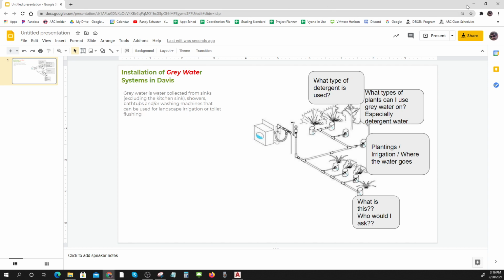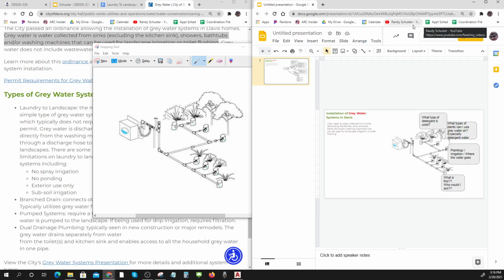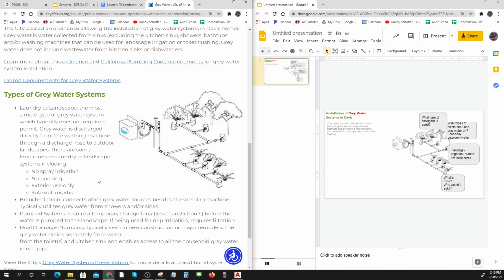Let's go back and look now at something else. These are some requirements here. As I start to read this, this is a description of laundry to landscape. There it is right there. Branched drain.